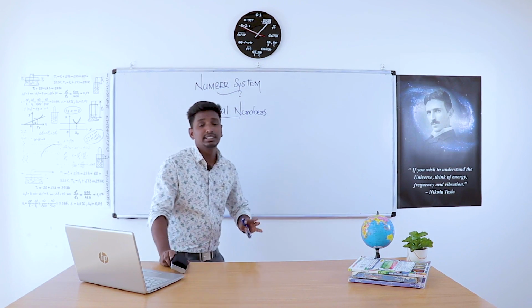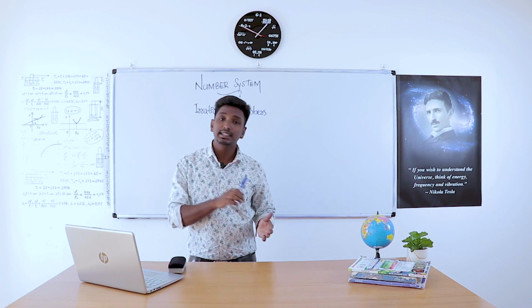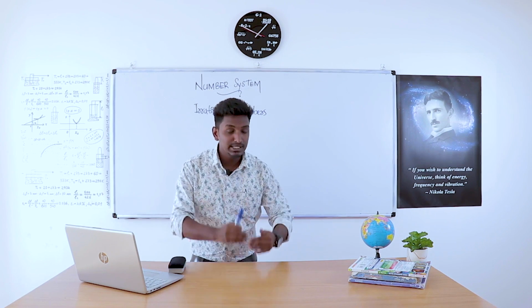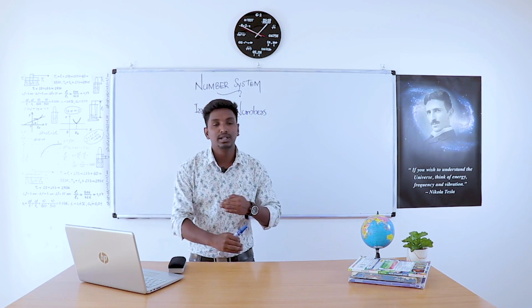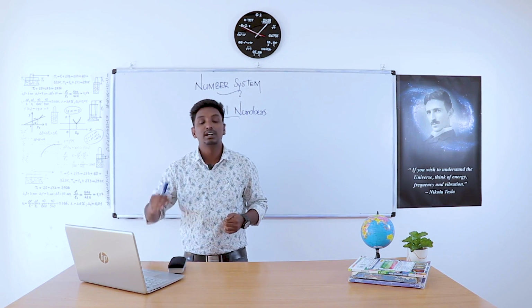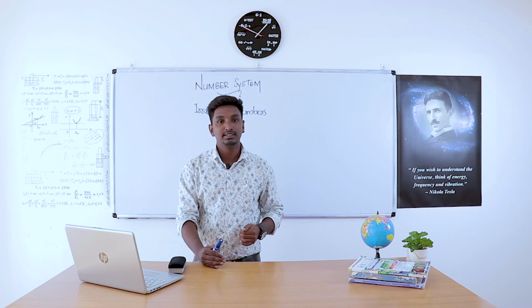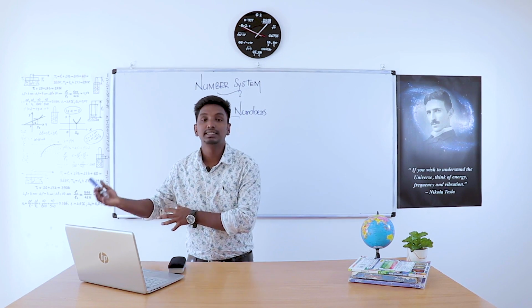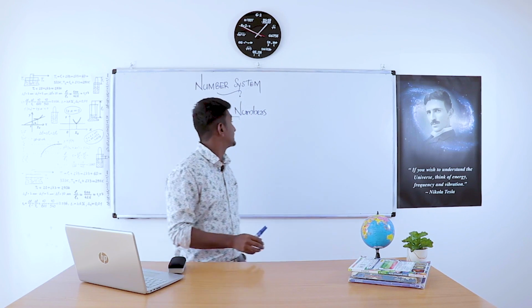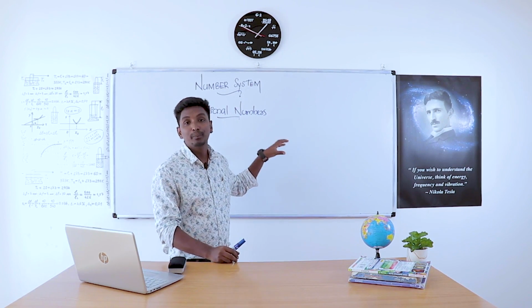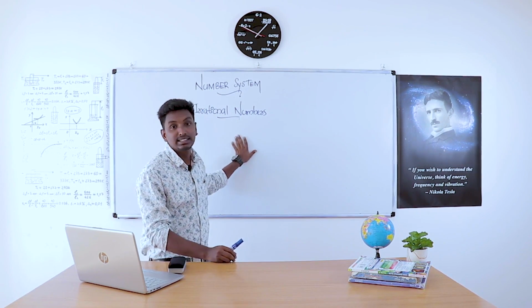Now we can differentiate between rational and irrational numbers. The numbers which can be expressed in the form p by q, where p and q are integers and q not equal to 0, are called rational numbers. On the other hand, the numbers which cannot be expressed in the form p by q are called irrational numbers.